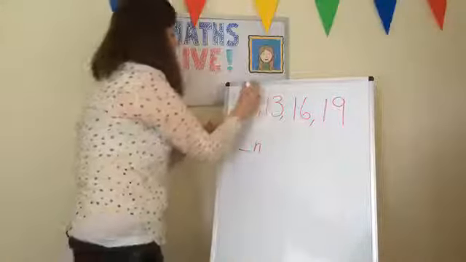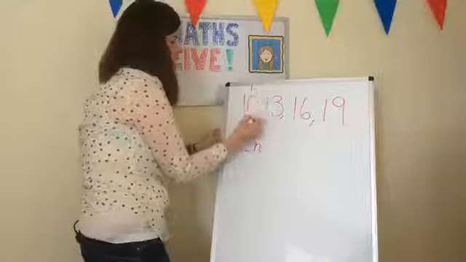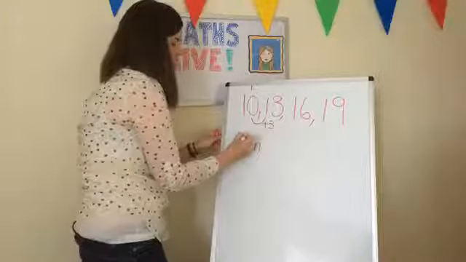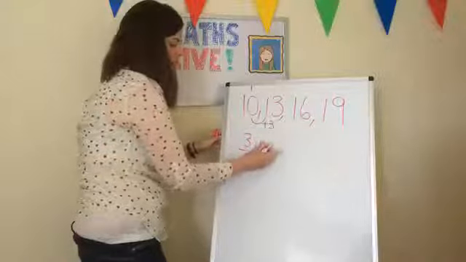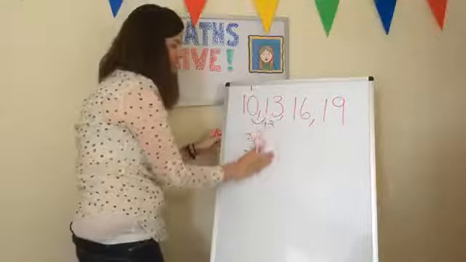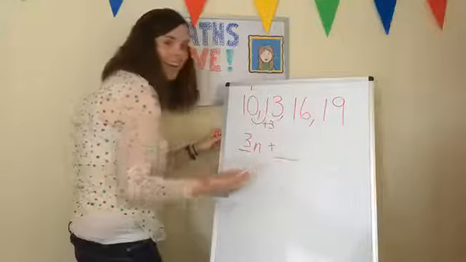Just check, because if this is the first term and I replace n with 1, you recognise that it's at 3. So if it's 3n, 1 times 3, that's 3, but we don't want 3 in the first term, we want 10. So we do need to add something. What do we need to add? Check.